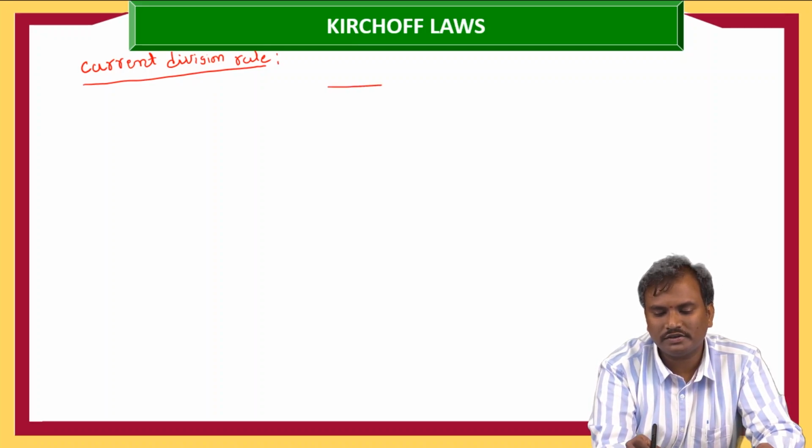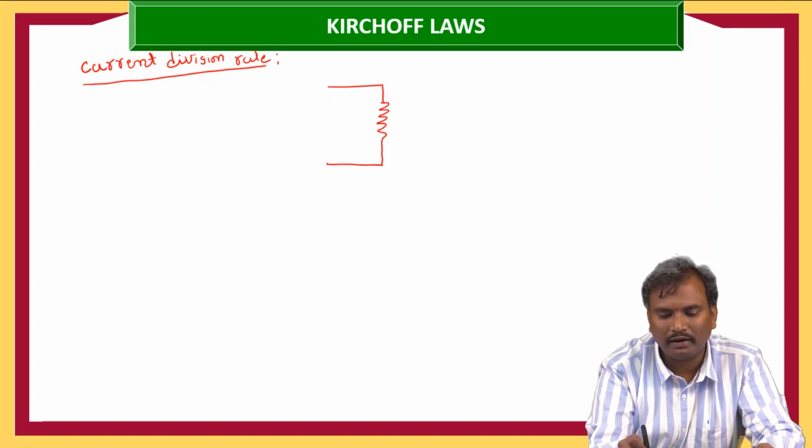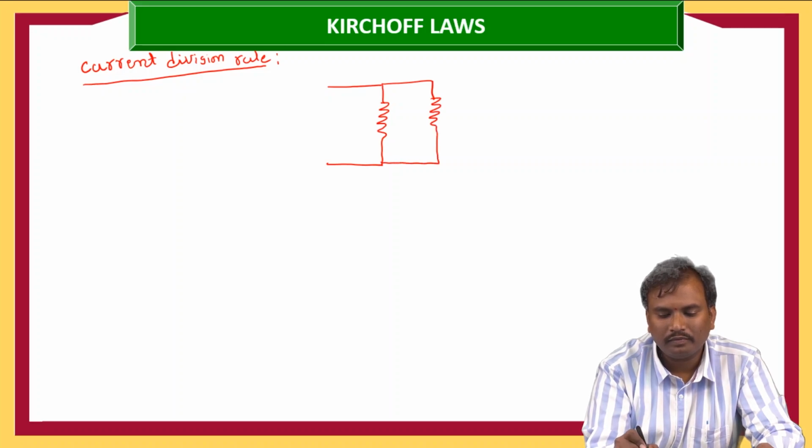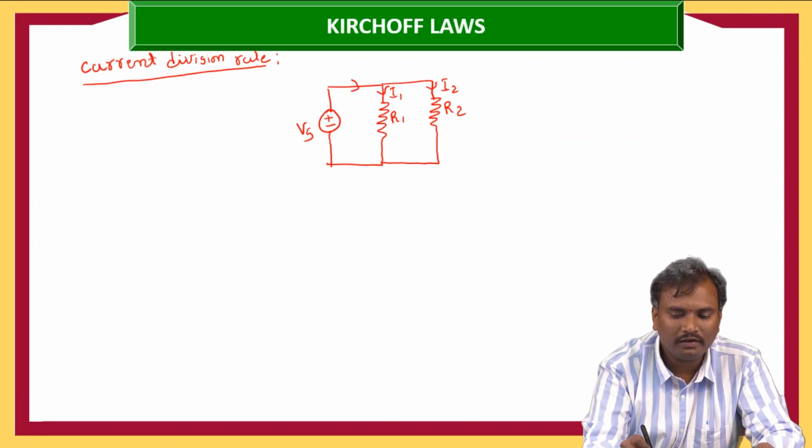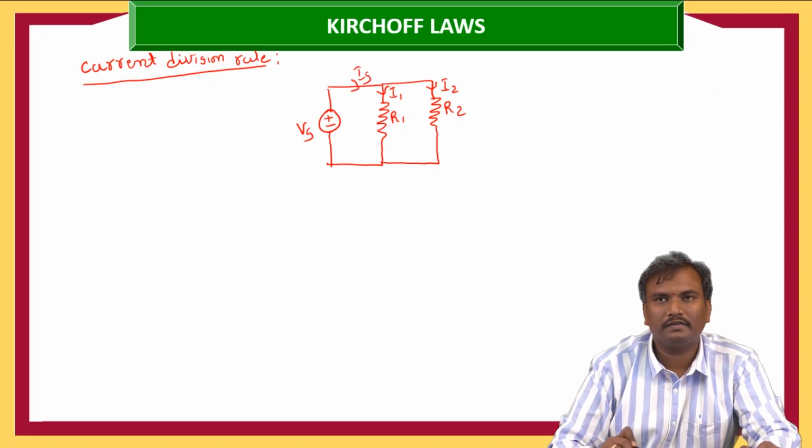We consider two resistors connected in parallel, R1 and R2, with voltage Vs, currents I1 and I2, and this is the source current Is.